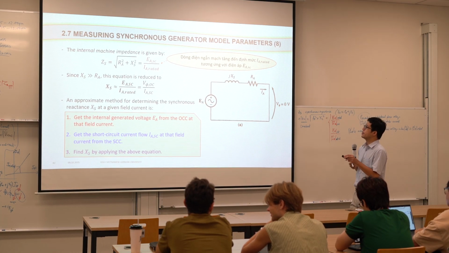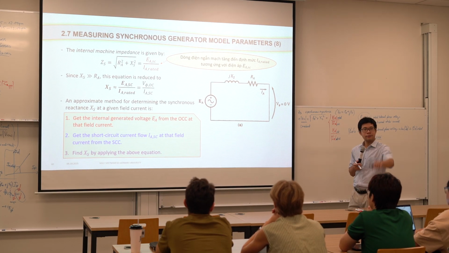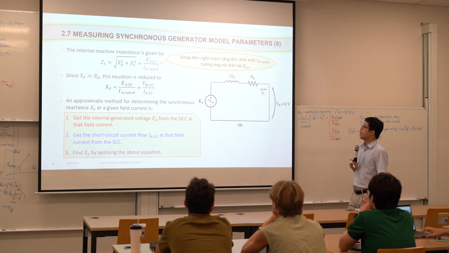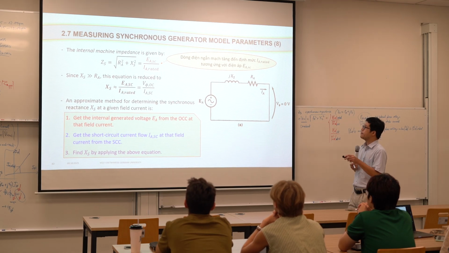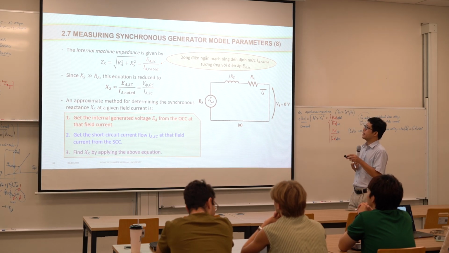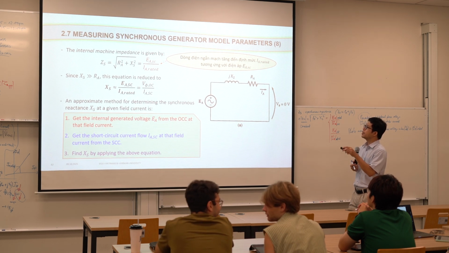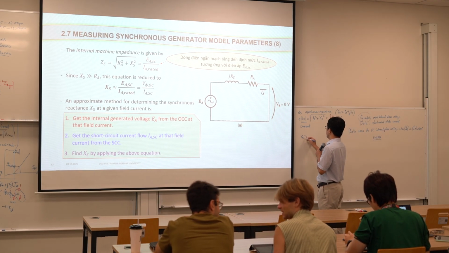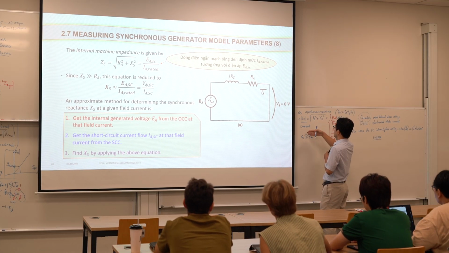Any questions from this equation? If you don't have any questions for me, I have a question for you. Please explain this one. How can we get this one? Of course we know this ratio. If XS is much higher than RA, that means you can skip RA.